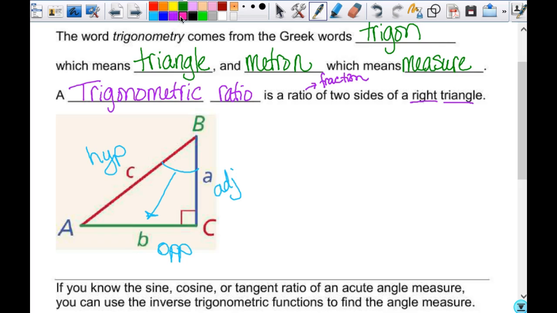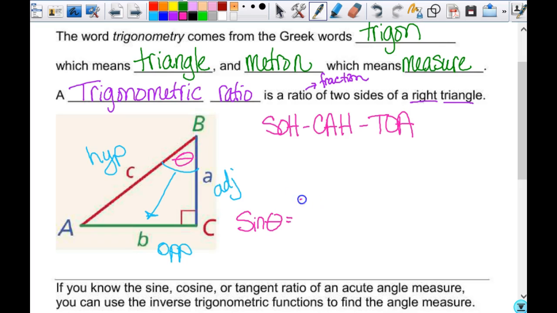Our acronym to help us with trig ratios is what? SOHCAHTOA. So that means we know that the sine of theta, or B in this case, is opposite over hypotenuse.